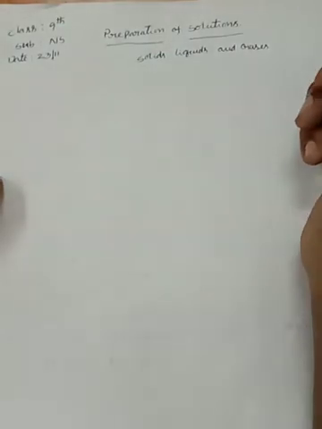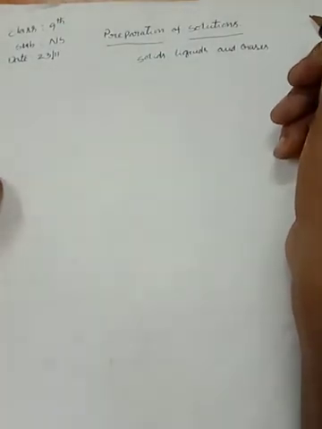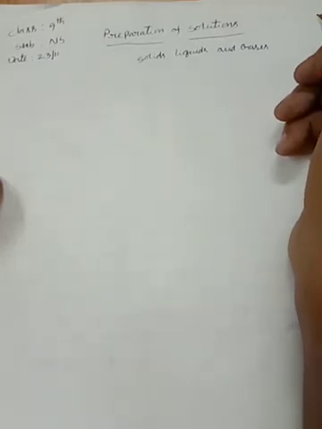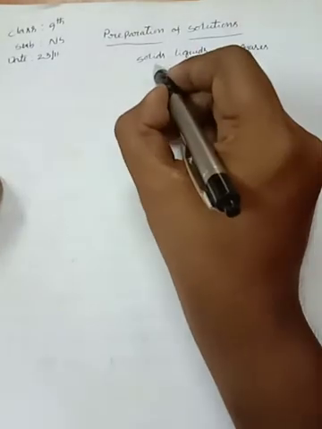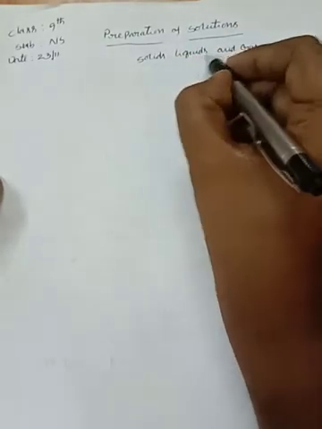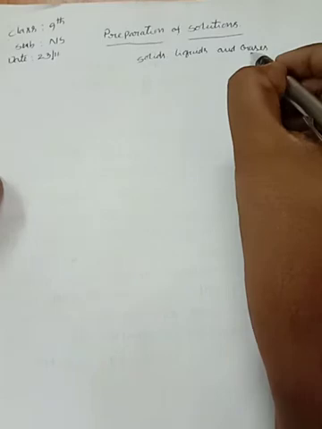Cells perform different types of functions in all living organisms' bodies, and for these, different types of substances or materials are required by the cell. Okay, these are solids, liquids, and gases.